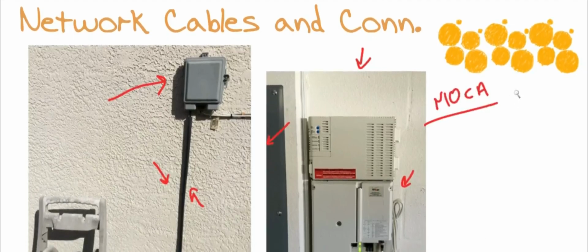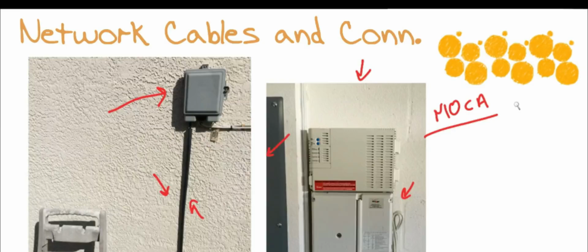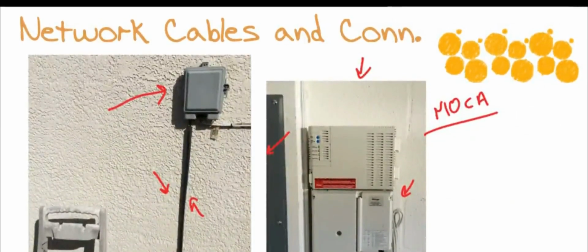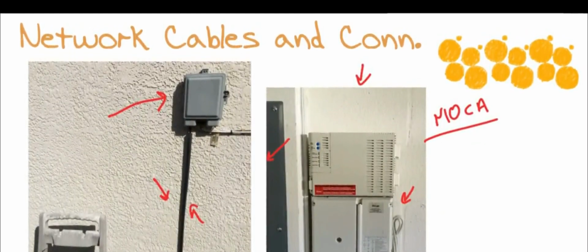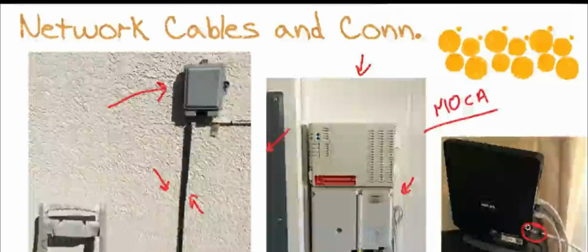Now it sounds like a caffeinated beverage, but what Mocha here means is that they're going to go ahead and take the data that's coming in off the fiber optic, and you can see it right here. That's coax. So they're going to go ahead and take it and move it over the existing coaxial in my home.